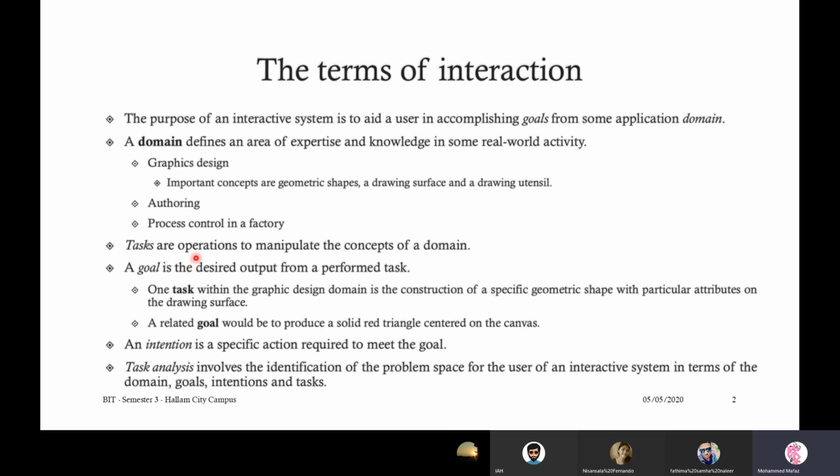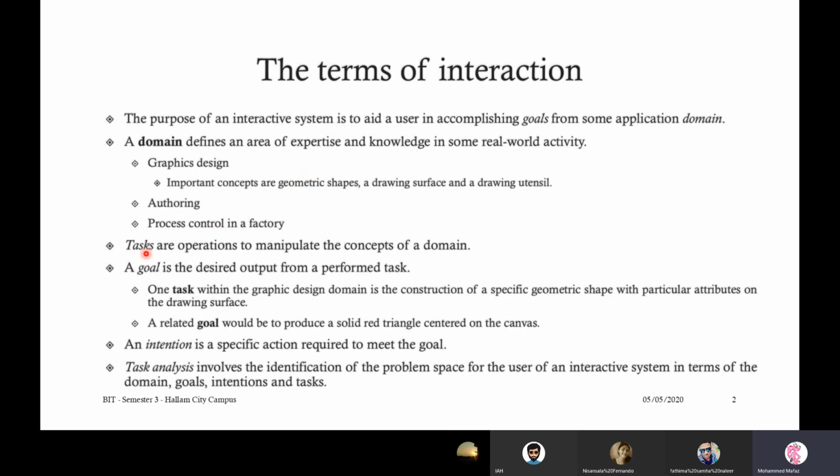And tasks are the operations to manipulate the concepts of a domain. So in each domain, we have concepts. So tasks are the things that you do in that particular domain. So let's say, for example, in this graphics design domain, you have the concept of geometric shape.